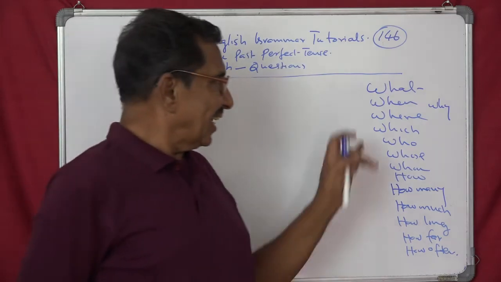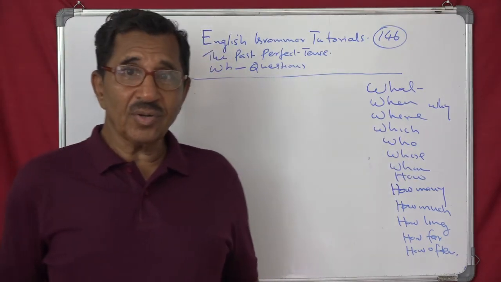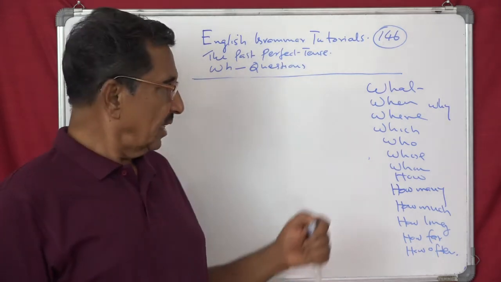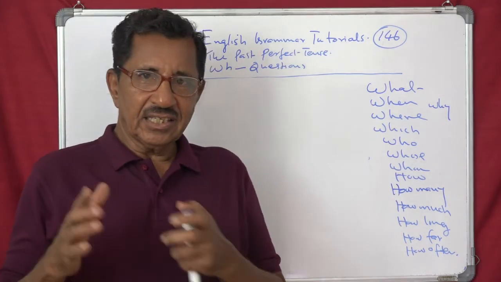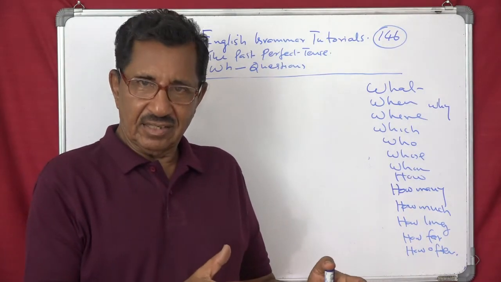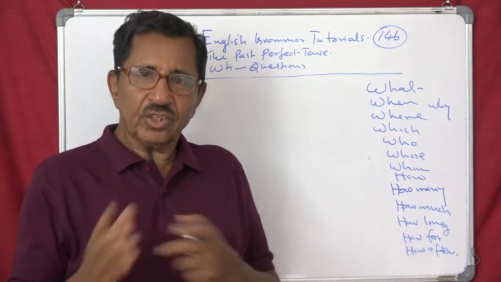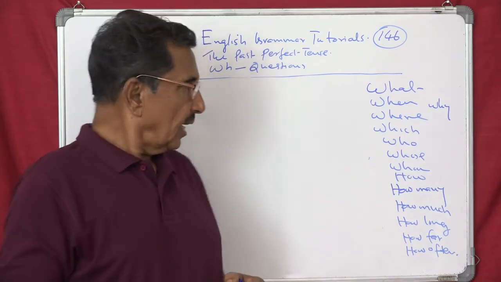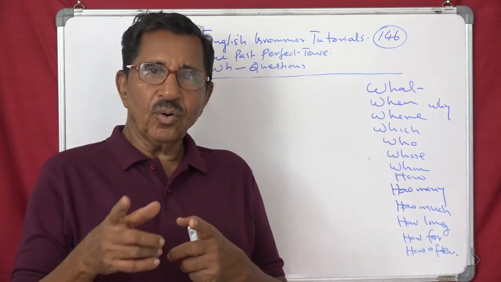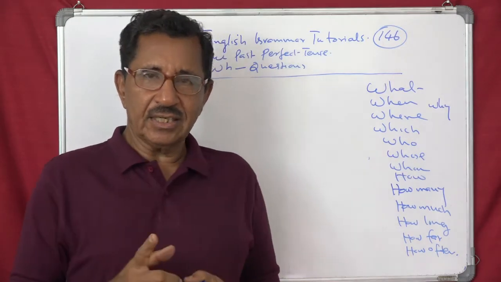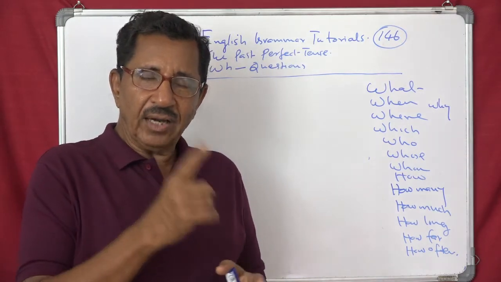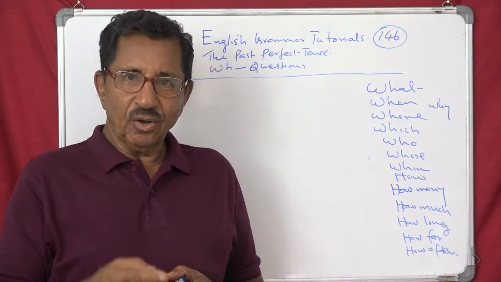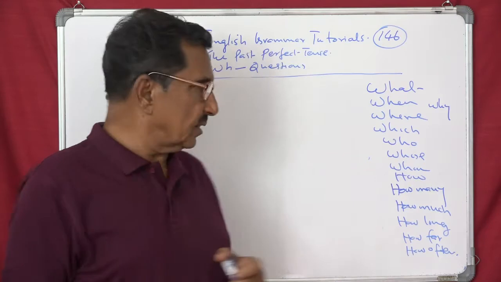See? Next, where? They had gone to the Himalayas. Where had they gone? Next, which? She had chosen this one. Which one had she chosen? Who? He had taught us English. Then, who had taught you English?